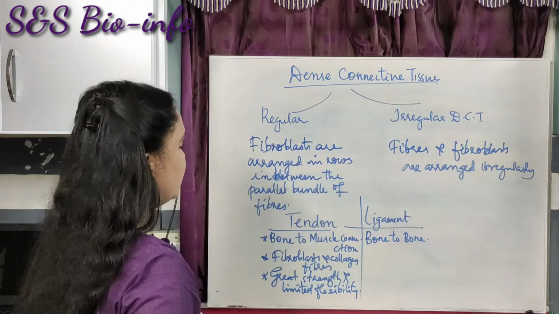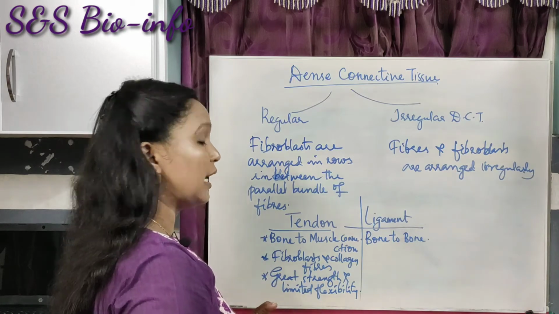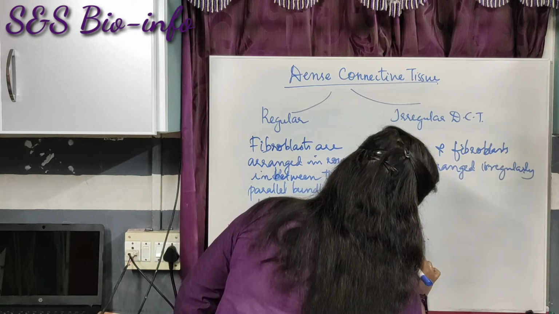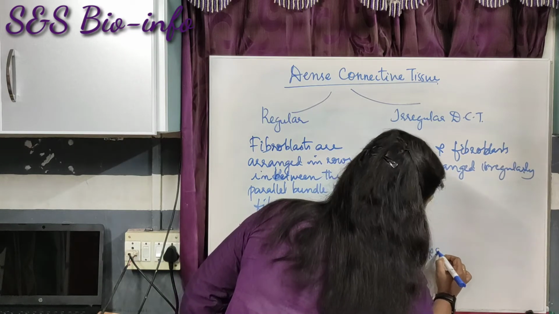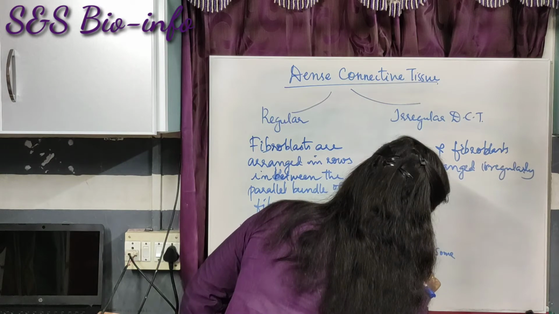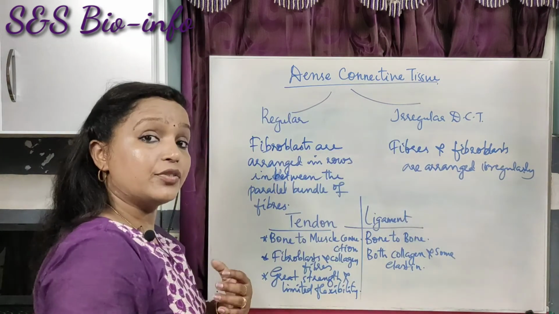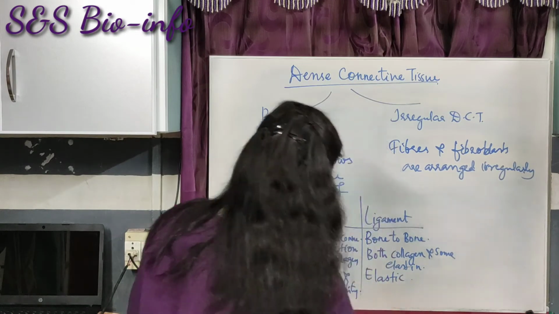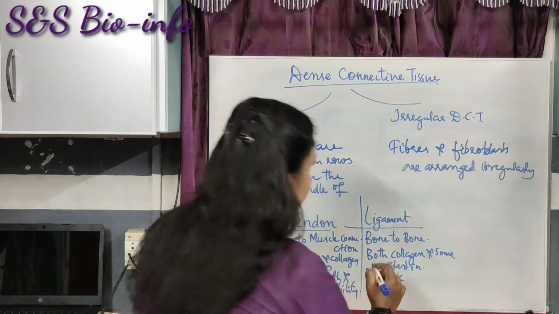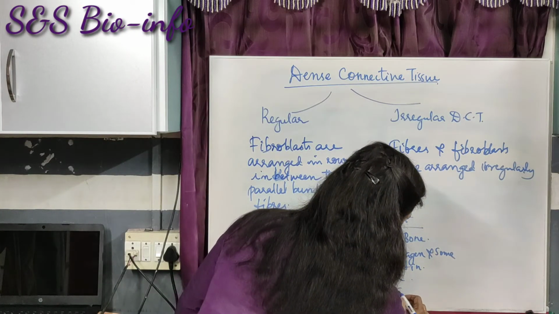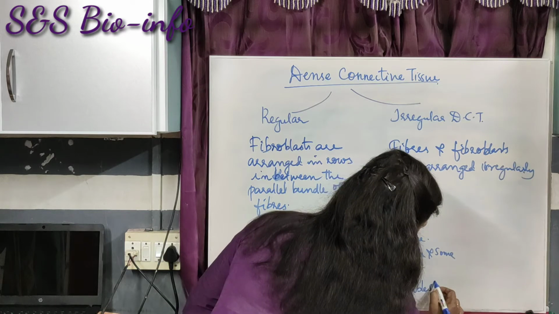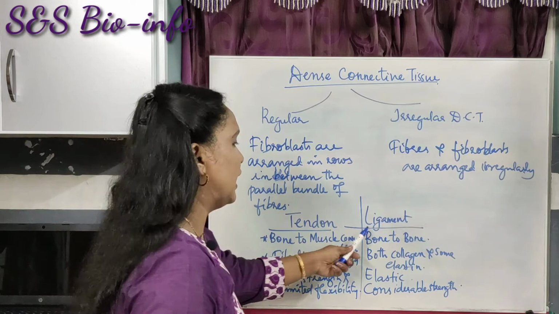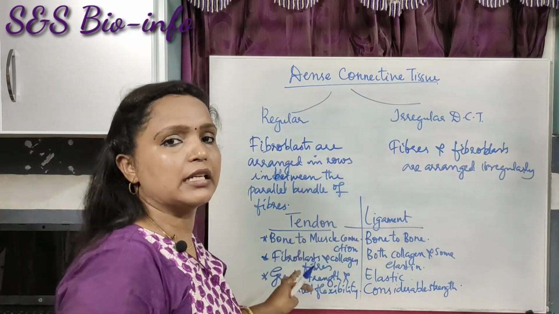While the ligaments consist of both collagen and some elastin fibers, so it is elastic in nature. It has considerable strength. So these are the differences between tendon and ligament. Both are regular dense connective tissue.